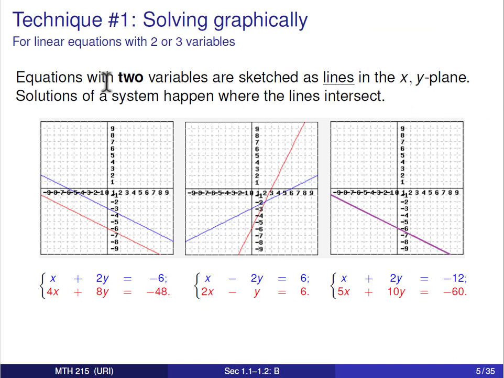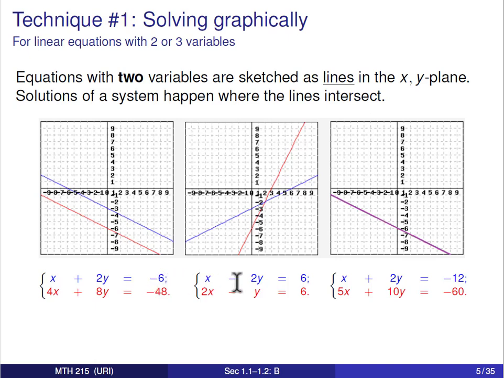For a linear system with two variables, what we can do to give a graphic solution is to graph the two lines. Because if you take a linear equation with two variables, what you have is the equation of a line.